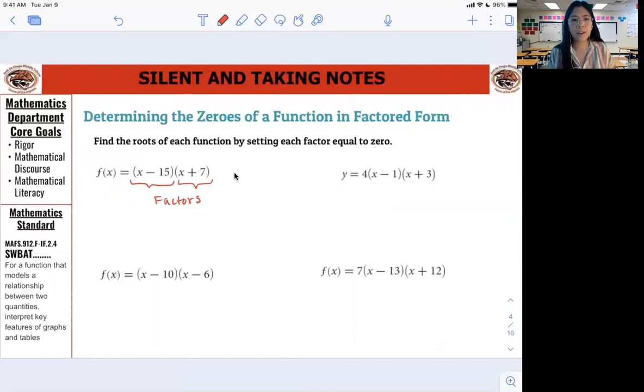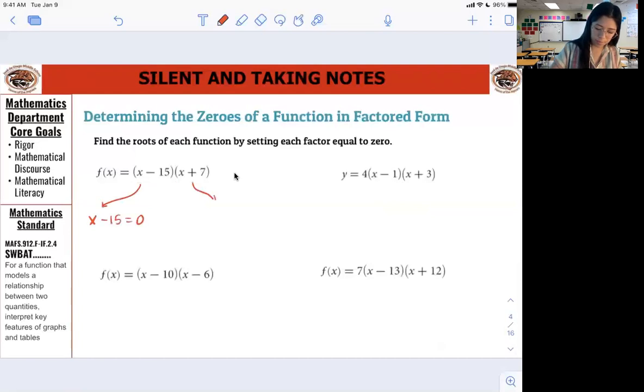So in order to figure out what are the x-intercepts, I'm going to take my factors and each one split it up and set it equal to 0. And then I have these two mini little equations, which I'm trying to solve for x.